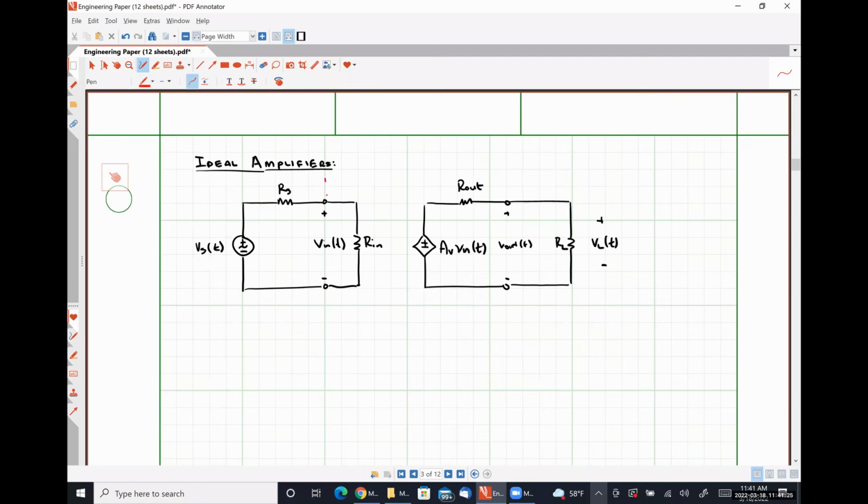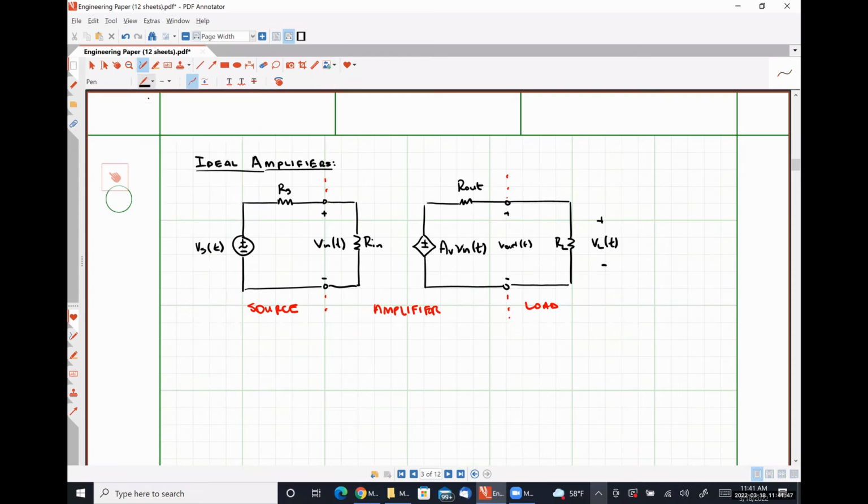All right, so just to break things down again real quick, here in the middle we have our amplifier model. On the left-hand side, we have our source. And on the right-hand side, we have our load.